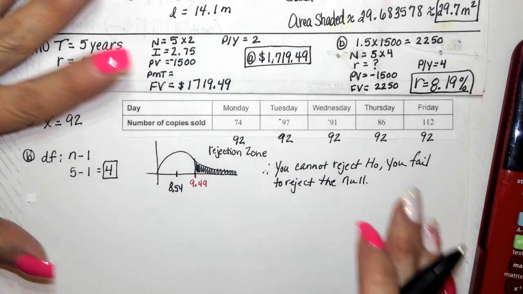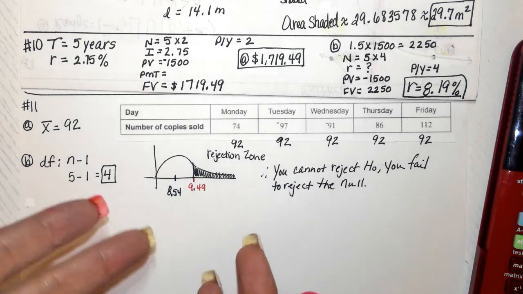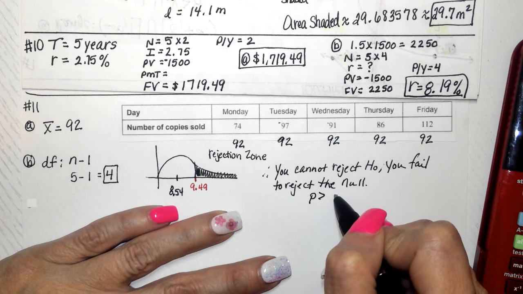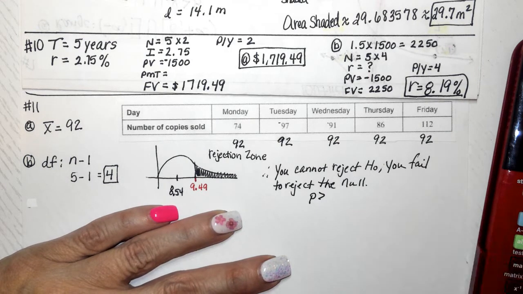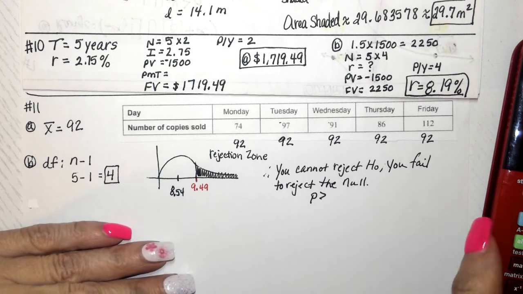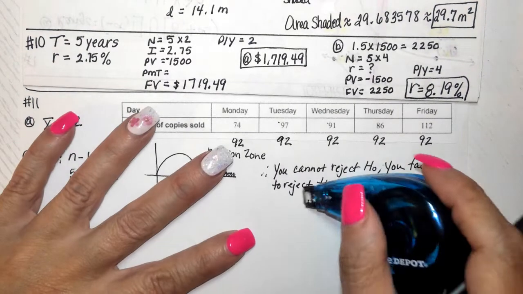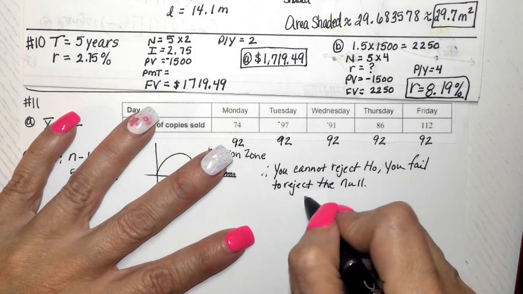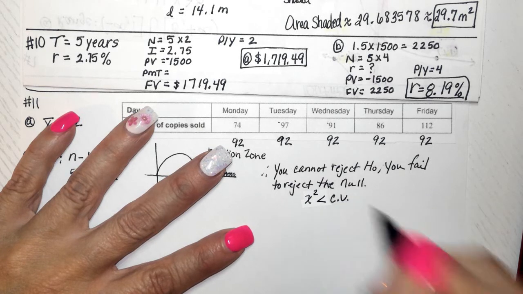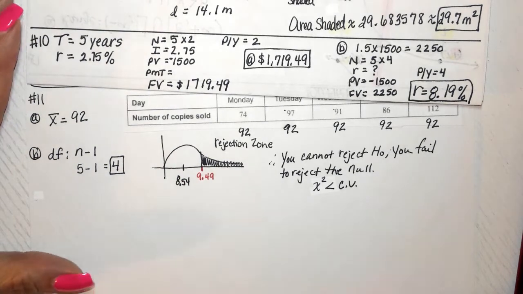The P is low, the H0 must go, right? We can't. The P is not low. The P is bigger. We could say that our chi-squared is less than the critical value. Because it is. Our chi-squared is less than the critical value.